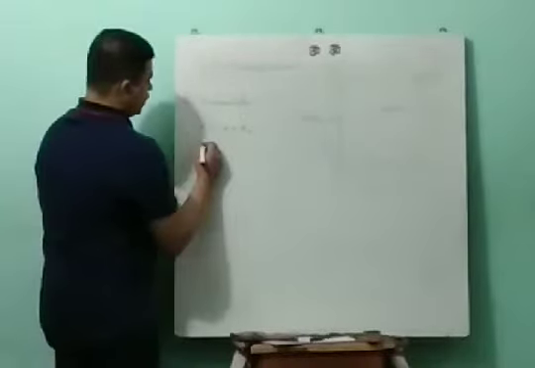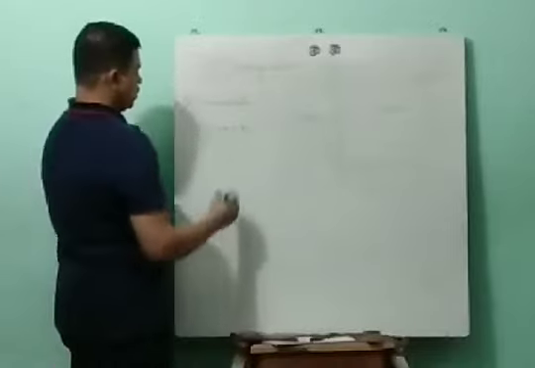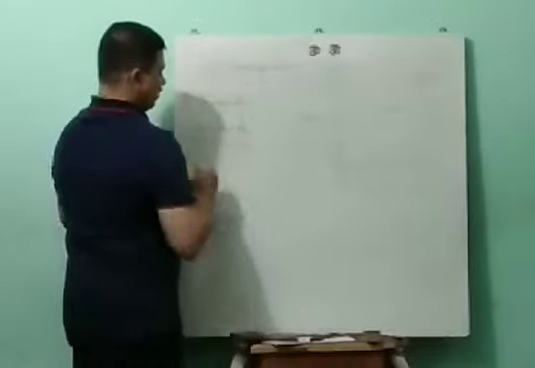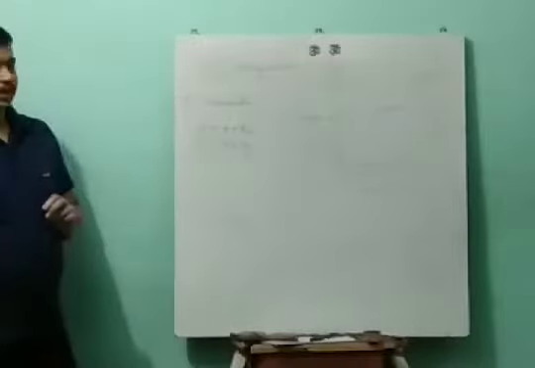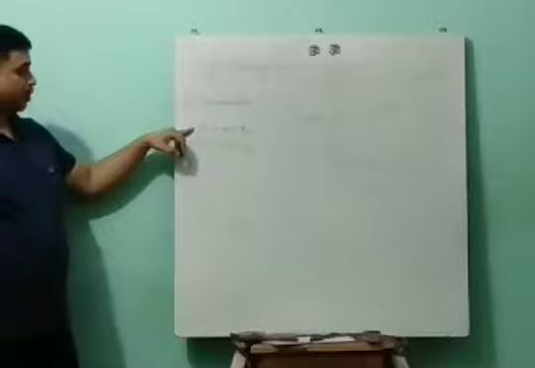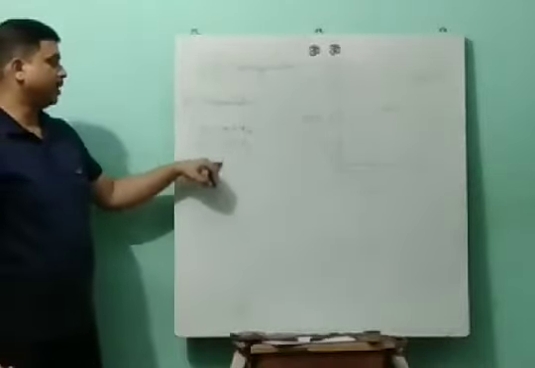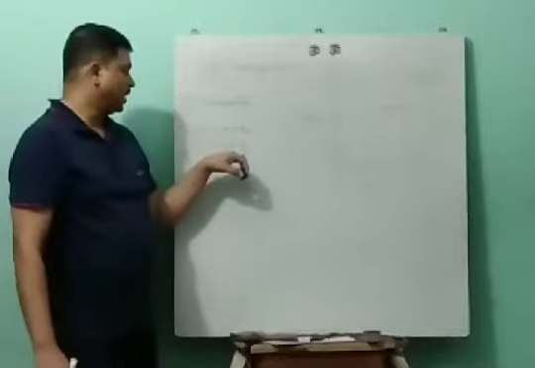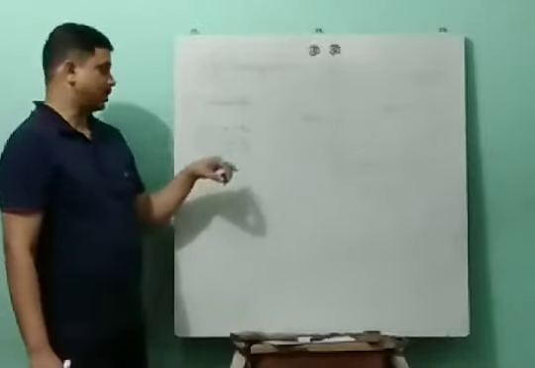Then similarly y dash is equal to y plus Ty, right? So we can easily calculate the value of the translated point from the original point when we translate Tx units in x direction and Ty units in y direction.